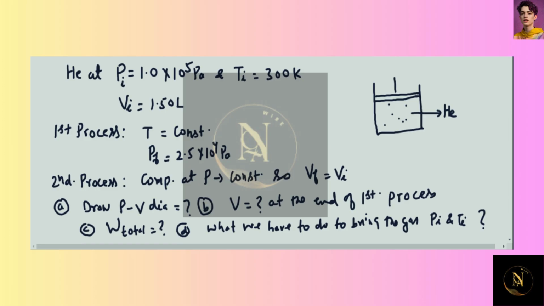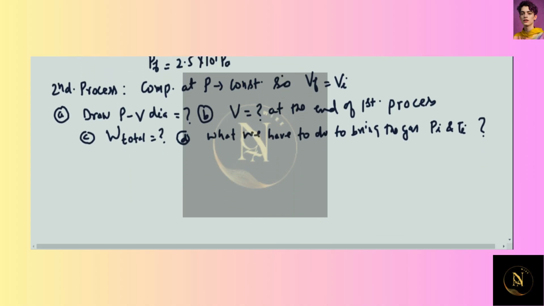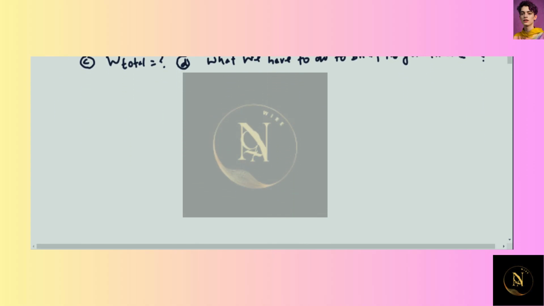First part, PV diagram. First process is isothermal expansion. And the second process is compression at constant pressure.